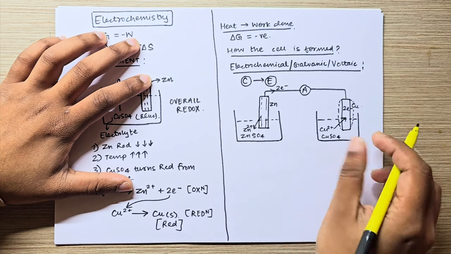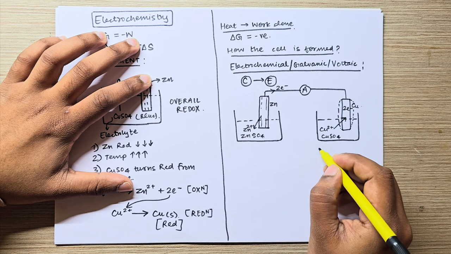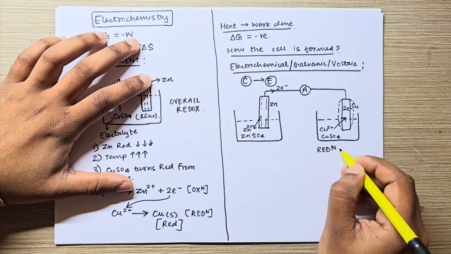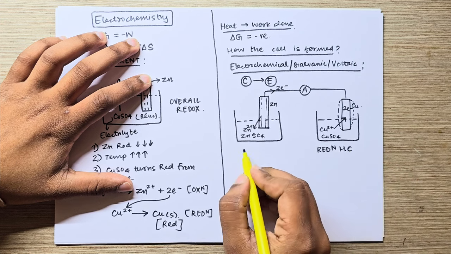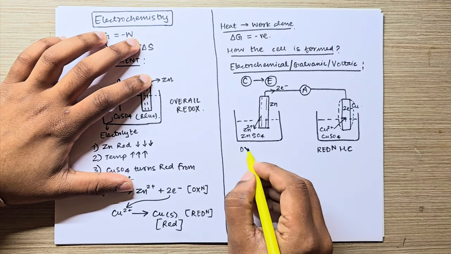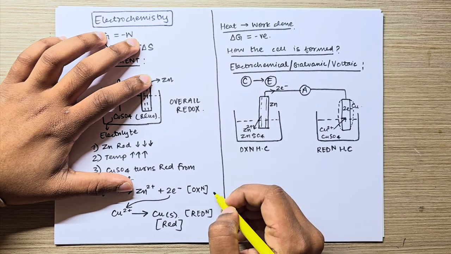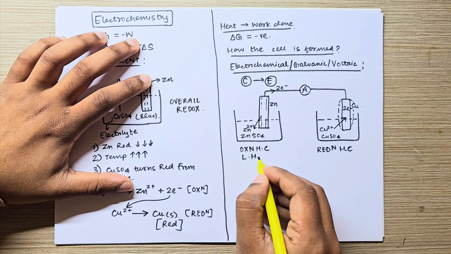So this is a half cell, and this half cell is known as the reduction half cell. And vice versa, the other is known as the oxidation half cell. You can also call it the left half cell.